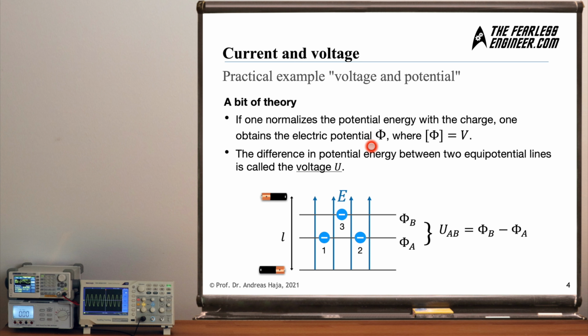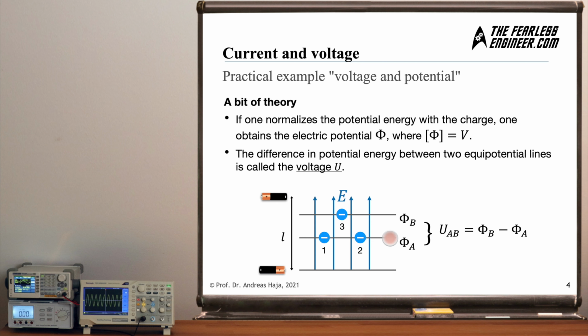The idea which we have followed up until now is that we can express the potential energy of a certain charge at a position in space, 1 and 2 and also 3, and it depends on 3 factors: the amount of charge, the distance to one of the terminals, and also the strength of the electric field. And what we want to do now is answer the question, for a given charge, let's say charge number 4, what the potential energy of this charge number 4, let's say at position phi A, is going to be.